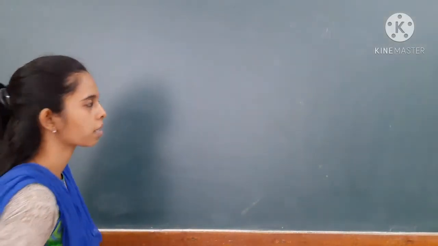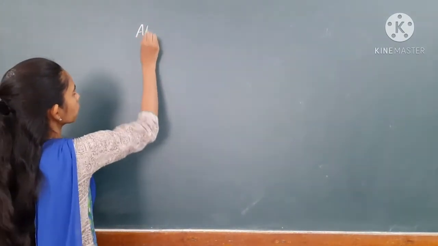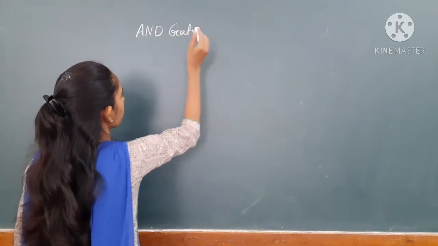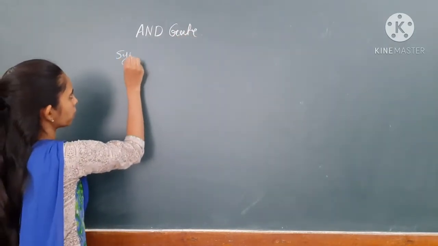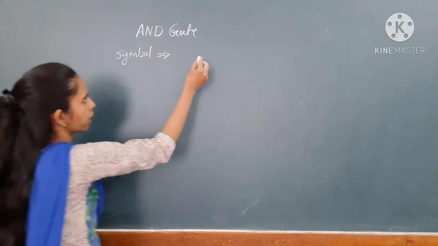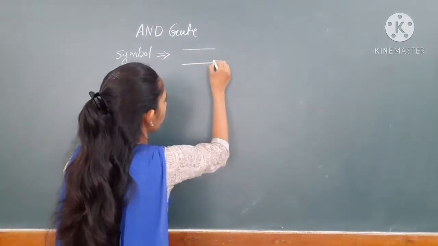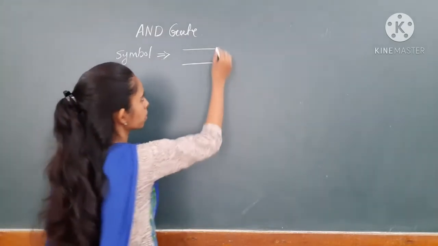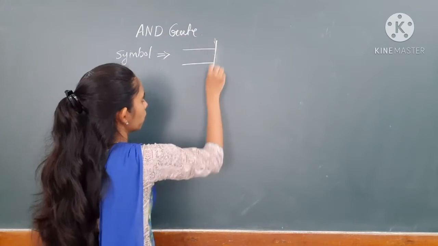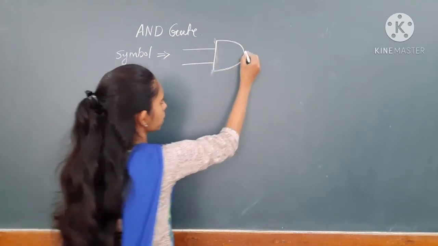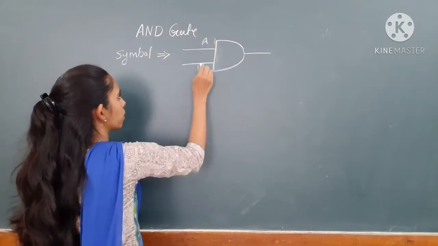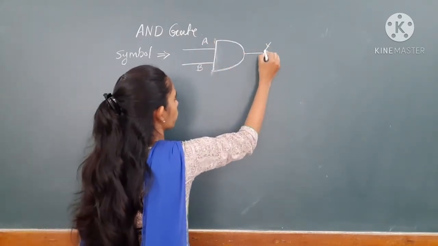The first one is the AND gate. Now let us see the symbol for it. The AND gate has two or more inputs, or you can say one or more inputs. Okay, and this is the symbol for the AND gate. It has two inputs and one output.